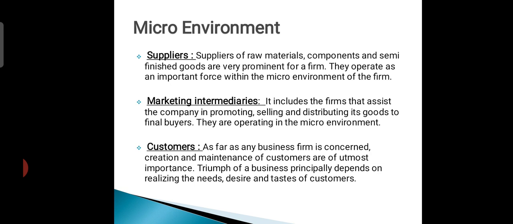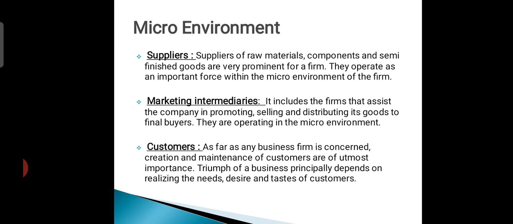Okay, and another type of intermediary is marketing service agencies. The main function of those agencies is that they will assist the company in targeting and promoting its products to the right markets. That is, they will help our company target the right consumers. For example, advertising agencies, market research firms, media firms, consultancy agencies.